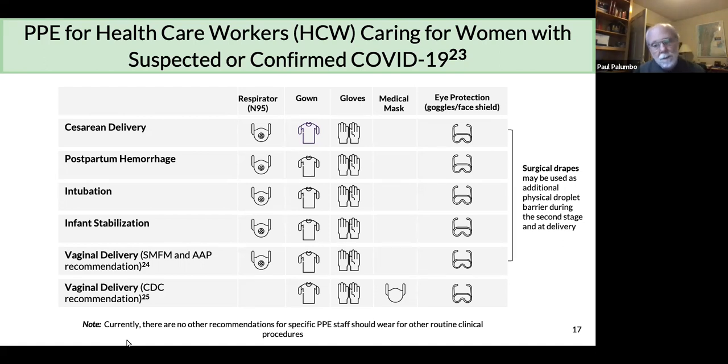So we have a difference of guideline opinions between CDC and the AAP and the Maternal Fetal Medicine Society. And eye protection, some form of goggles or face shield for all of these conditions. Fairly extensive surgical approach for cesarean and vaginal deliveries. Next slide, Anne.